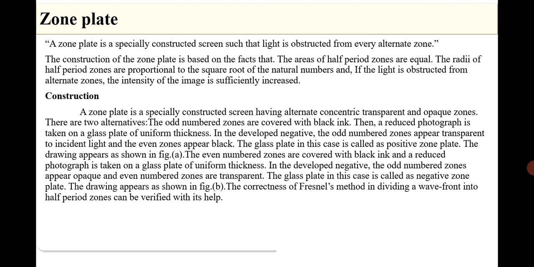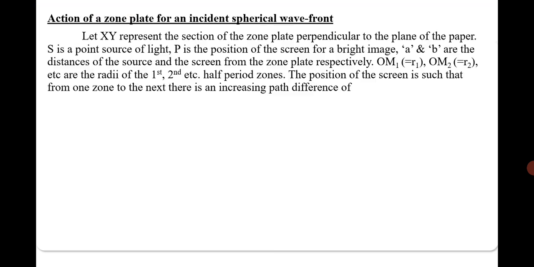The correctness of Fresnel's method in dividing a wavefront into half-period zones can be verified with its help. Action of zone plate on an incident spherical wavefront. Let XY represent the section of zone plate perpendicular to the plane of the paper.